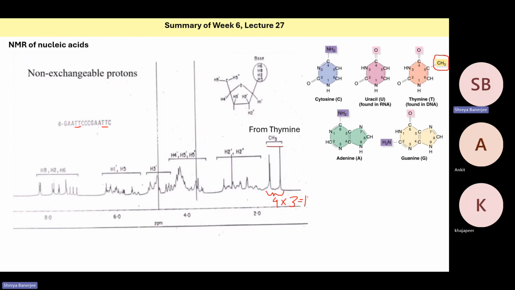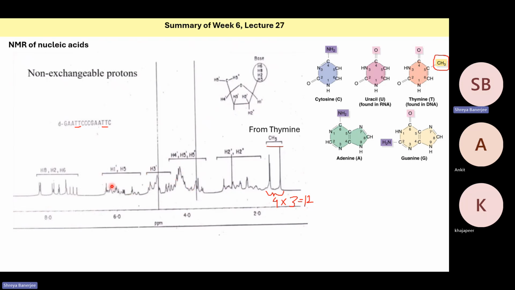So this is a very distinct chemical shift, and it helps to understand how many thymines there are. Other than that, you can see the 2 prime protons, compared to the other protons in the sugar ring, are most upfield because there is no OH directly attached. And then you have the other protons like 4 prime, 5 prime, which are overlapping very much.